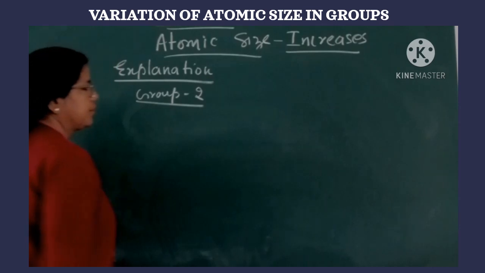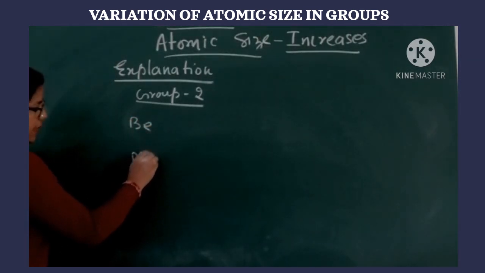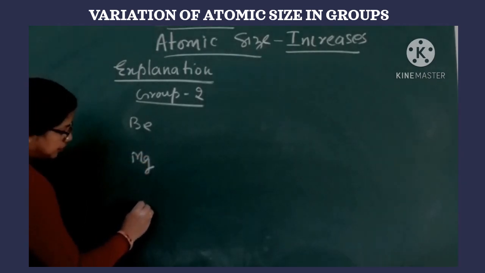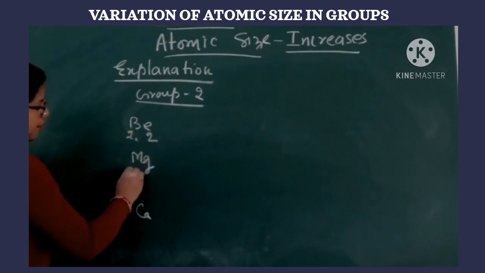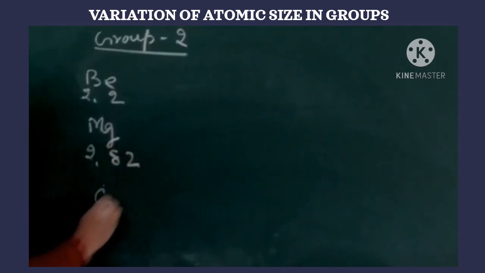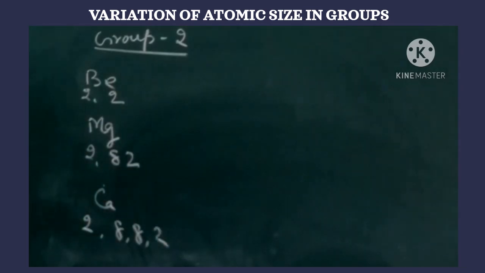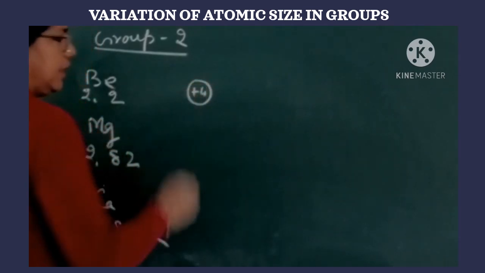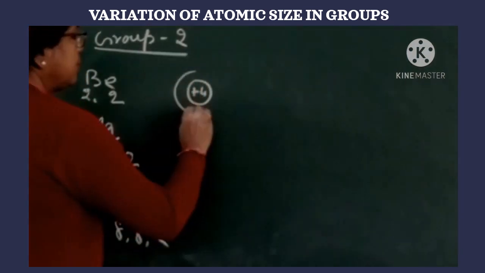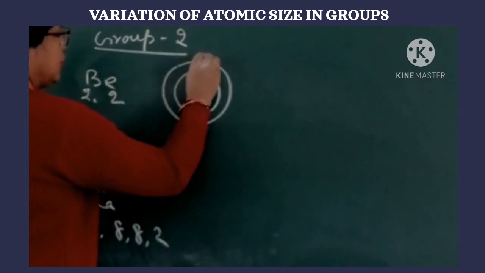2 elements. The elements are beryllium, magnesium, calcium. Electronic configuration: beryllium 2, 2; magnesium 2, 8, 2; calcium 2, 8, 8, 2. Now draw the atomic structure for all three. Beryllium has 4 protons in the nucleus, 2 electrons in the first shell and 2 electrons in its L shell.